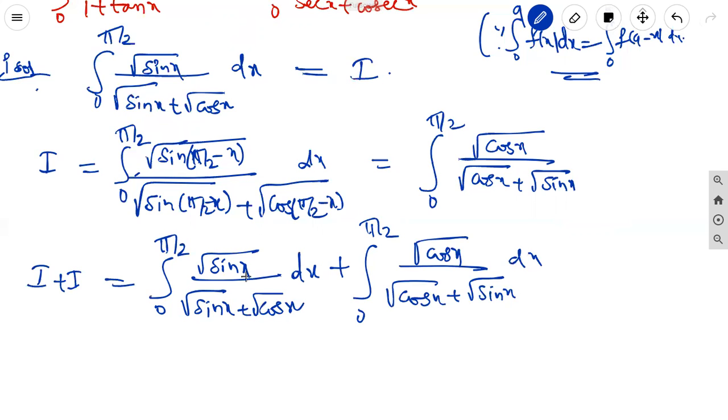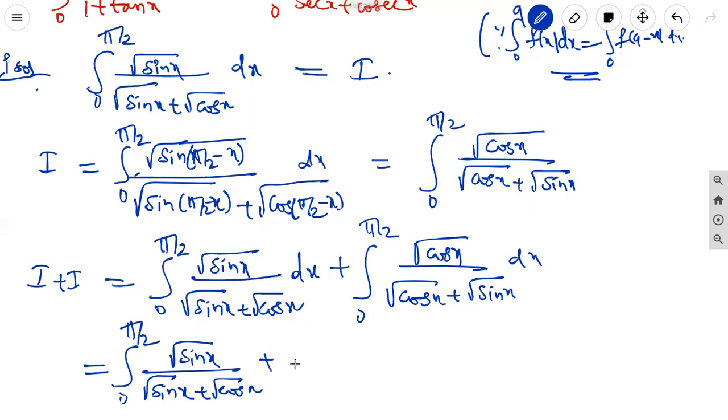If integral 0 to a f of x dx plus integral 0 to a g of x dx is equal to integral 0 to a of f of x plus g of x, that is integral 0 to pi by 2 of root sin x by root sin x plus root cos x plus root cos x by root cos x plus root sin x, whole dx.